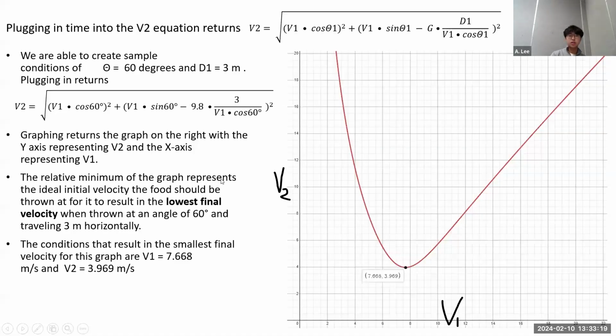I graphed this to get a graph that roughly shows the relationship between the final velocity and the initial conditions and the initial velocity. From this, we can find the relationship between how fast the food object would be approaching the dog versus what angle and how far apart the owner and the dog were.